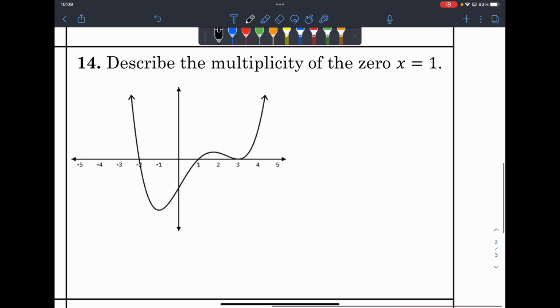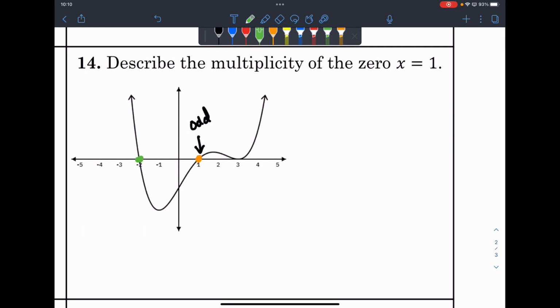Now, number 14, I want you to describe the multiplicity of the zero at x equals 1. Well, here is 1. Now, the multiplicity at 1 is going to be an odd value. This multiplicity is odd, and the reason I know it's odd is because it intersects the x-axis. It goes through the x-axis and crosses, just like here at negative 2.